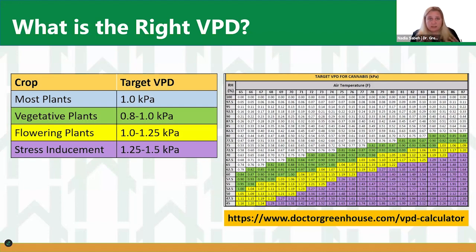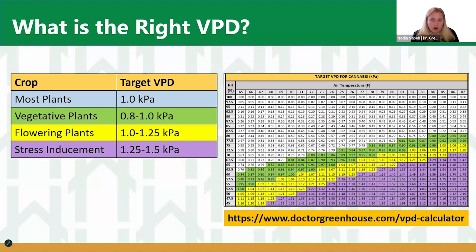Now, if you really are leaning more vegetative, you're growing a lettuce crop, a culinary herb, clones, right? The vegetative state of your cannabis crop, then you actually want to push the VPD a little lower than 1 kilopascal. 0.8 to 1 kPa is really ideal for vegetative growth.